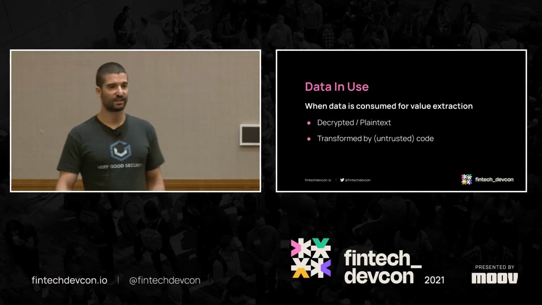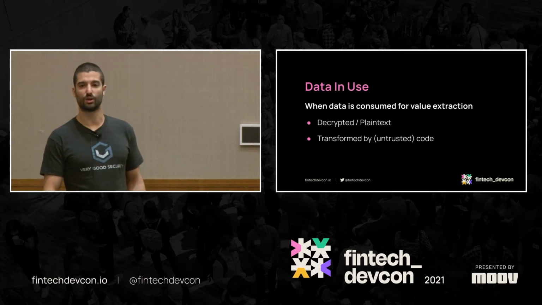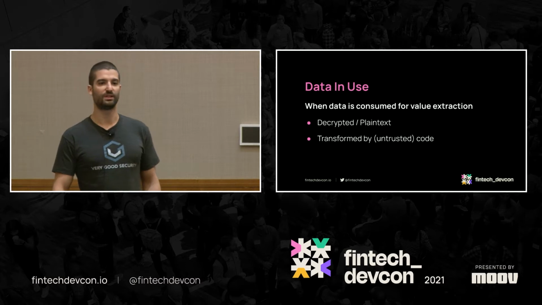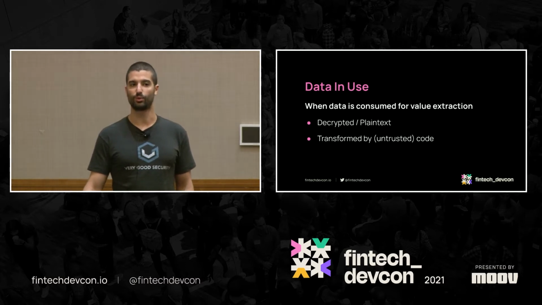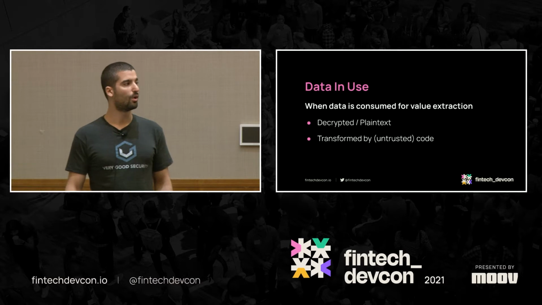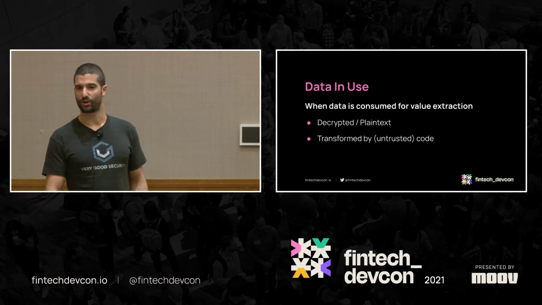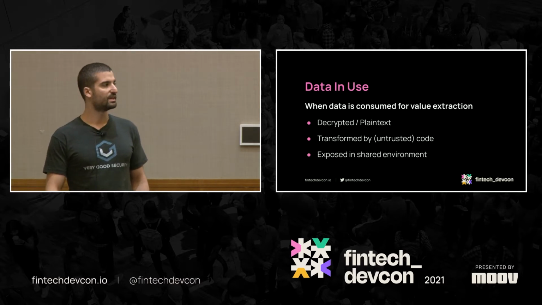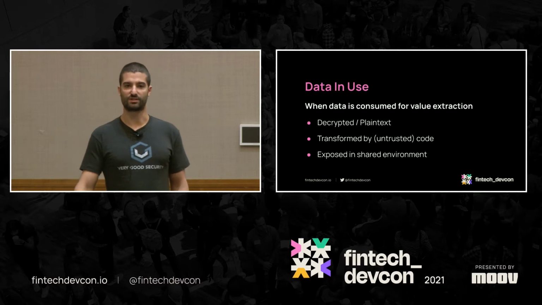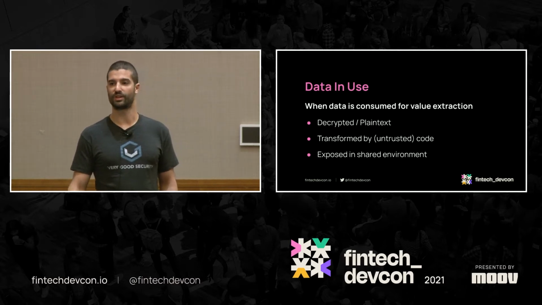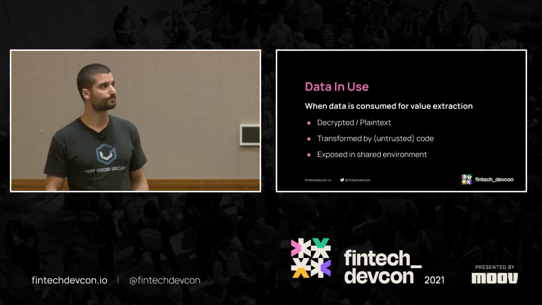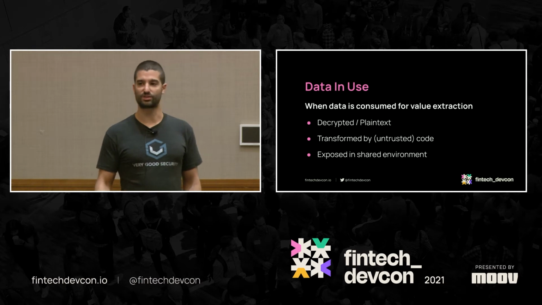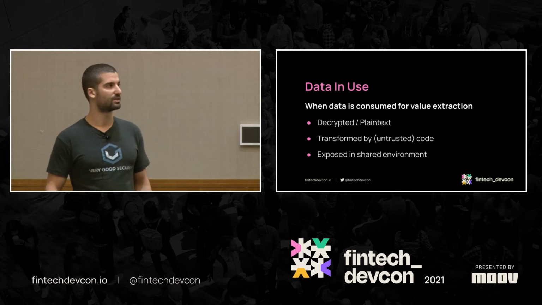It's when data is transformed by potentially untrusted code, whether that be a developer we trust who's prone to human error, or untrusted third-party code. And it's when data is exposed on a shared system, where potentially untrusted code may be running in parallel on the same host. But even with these risks, we still need to extract value on data via computation.